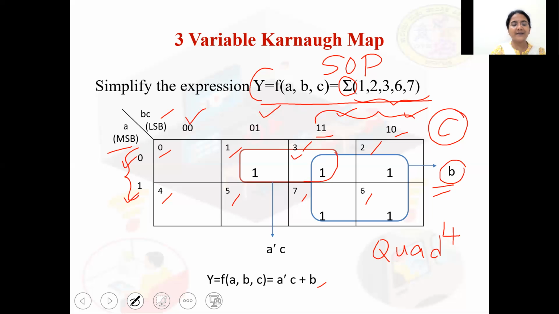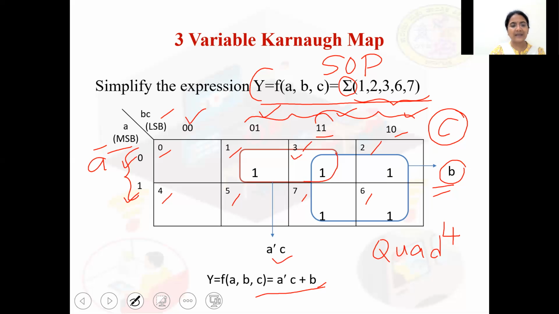Min terms 1 and 3 are in row 0, and we are getting a bar from the row, and from these two columns we are eliminating the variable B and we have the variable C. So we are getting the product term a bar C. The final expression is y is equal to f of a, b, c is equal to a bar C plus B.